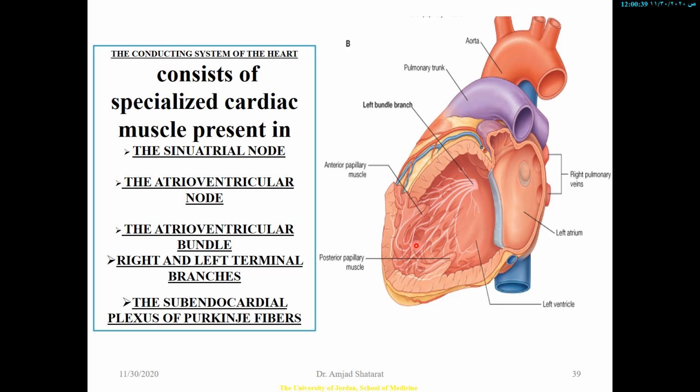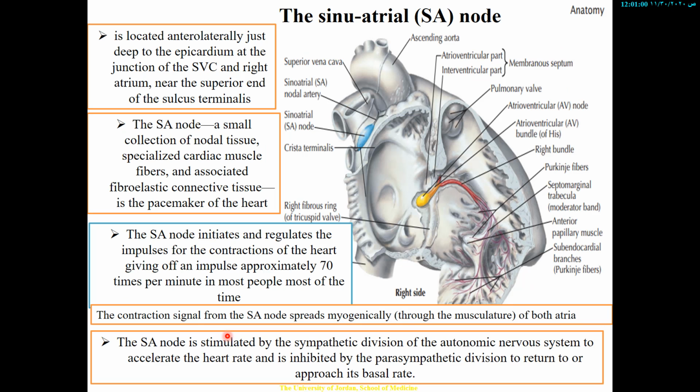They are specialized cardiac muscle, present in the SA node, AV node, atrioventricular bundle, right and left terminal branches, and the subendocardial plexus of Purkinje fibers. Now let's talk about each one of them.